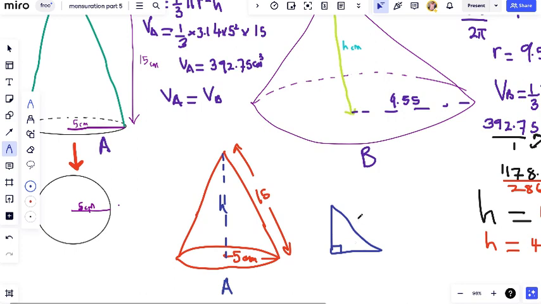Please pay attention. This is very, very important. Pause the video and learn something here. This is h, and this is 5.